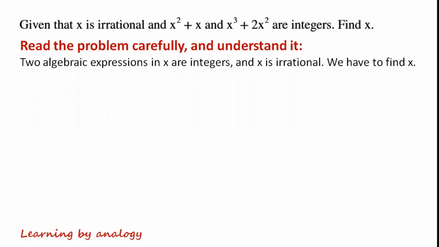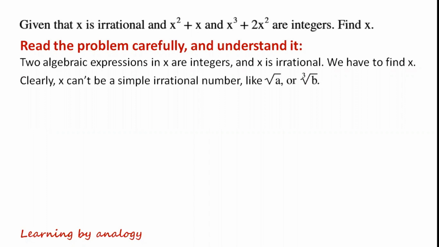Two algebraic expressions in x are integers and x is irrational. We have to find x. Clearly, x can't be a simple irrational number like root a or the cube root of b.